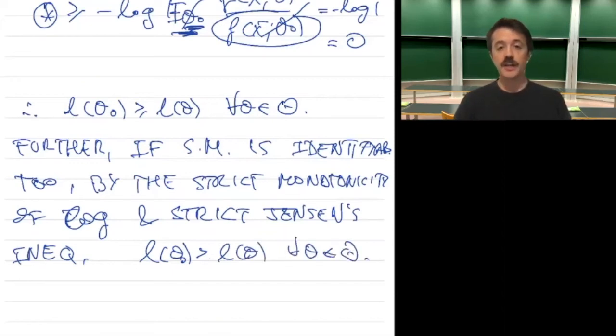So if we add identifiability in addition to correct specification of the model, then this is going to be the unique maximizer, for all theta that is not theta naught.